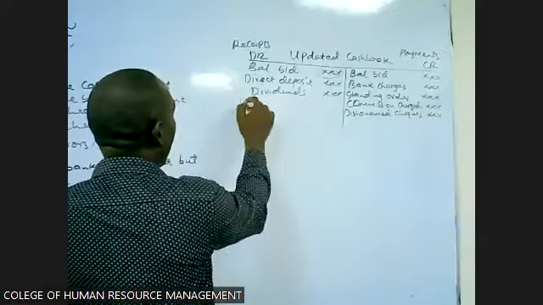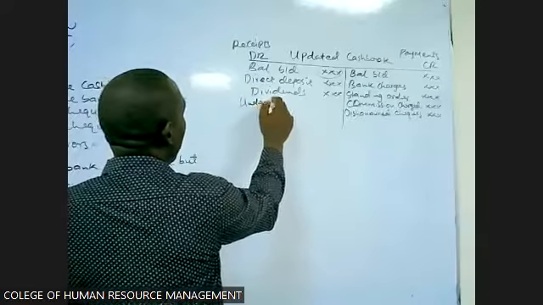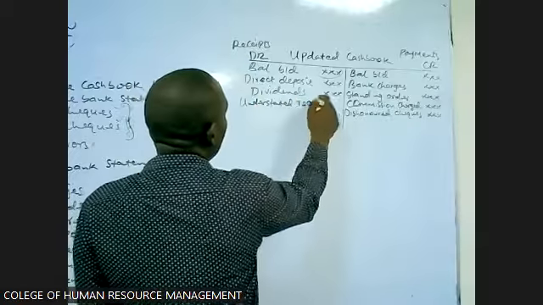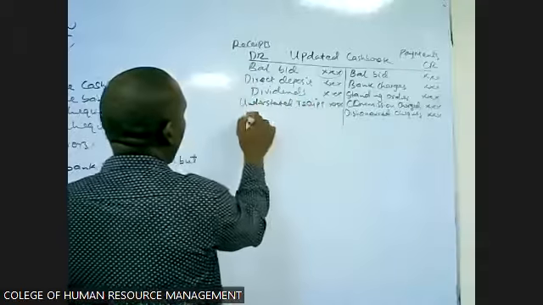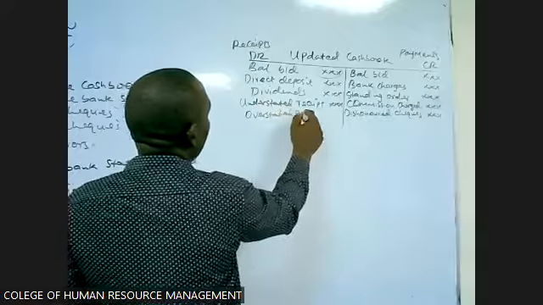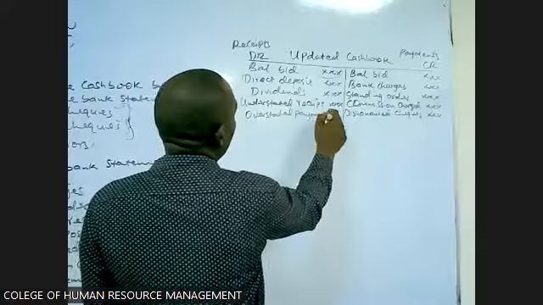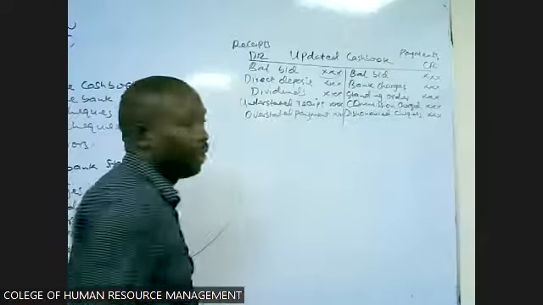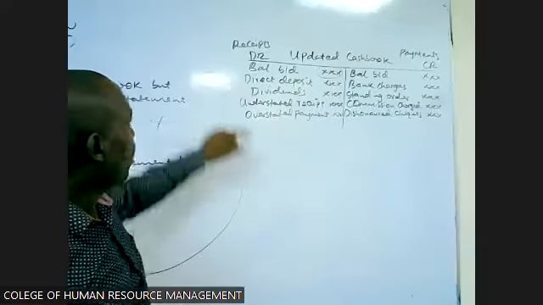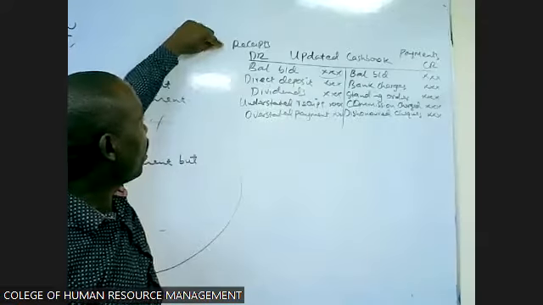For example, the cash book errors. This is like understated receipt, or overstated payment. Understated receipt, this is the receipt side.